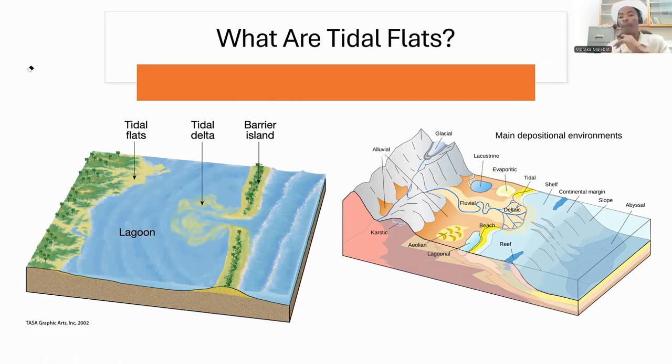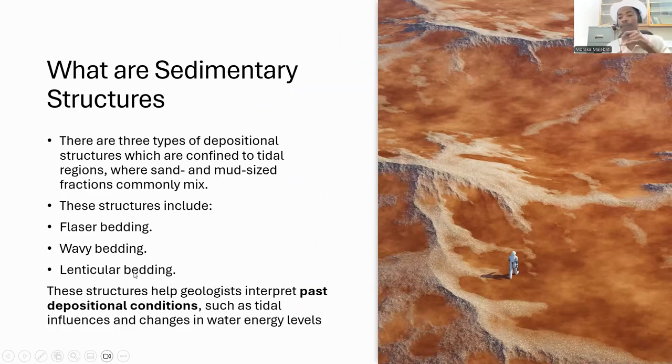Because these tidal flats bring in fine sediments and also leave behind muddy and sandy surfaces, the coming in and out of the tides causes sedimentary structures called Flaser and Wavy. These sedimentary, or depositional, structures are confined to tidal regions where sand and mud-sized fractions commonly mix.